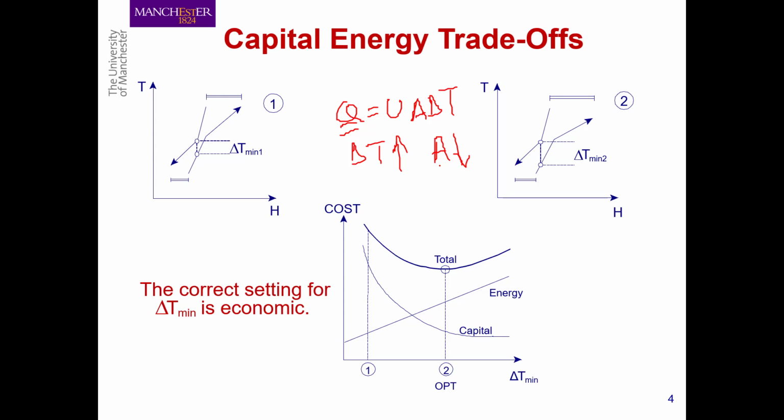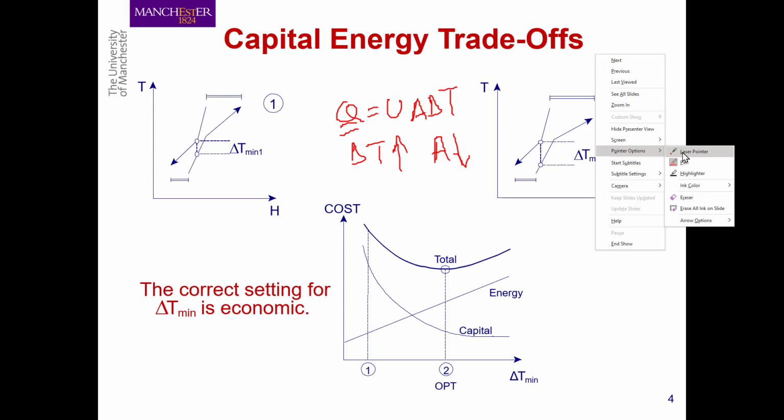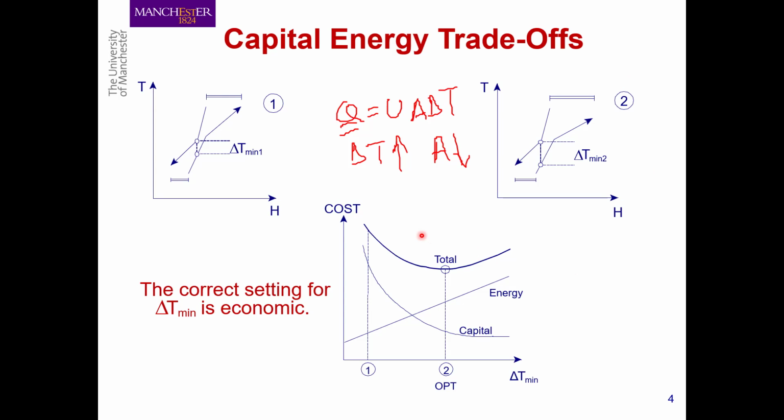So there is always a trade-off between the capital cost, that is the cost required to buy the area, because the cost of the heat exchangers required for process to process heat transfer, or any form of heat transfer, depends on the area of the heat exchanger.